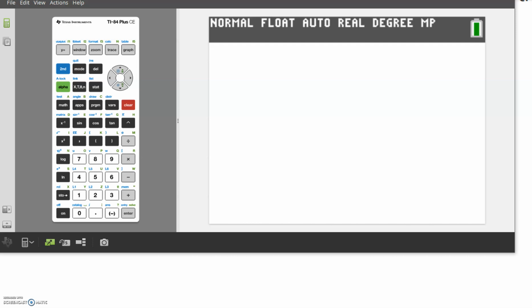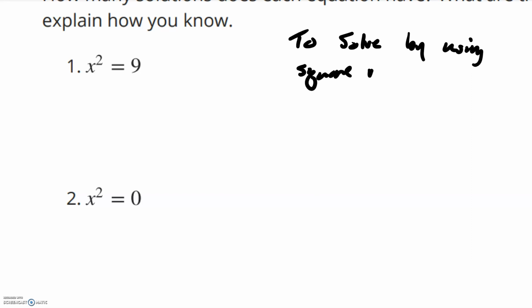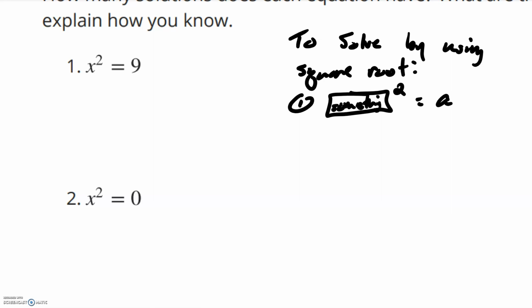Now, I'm going to solve this equation by taking square roots. And the key when you are solving by using square roots is to get something by itself squared, and have it equal a number. Okay, that's the key.